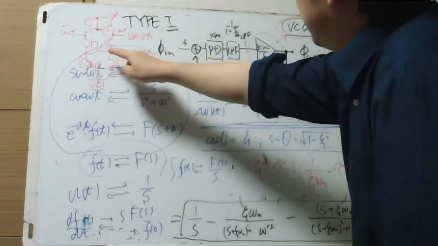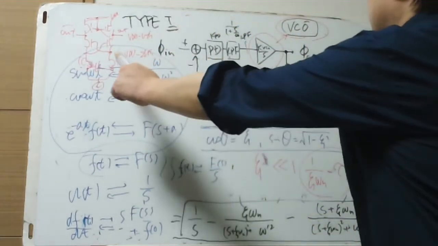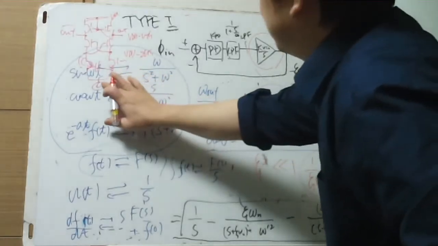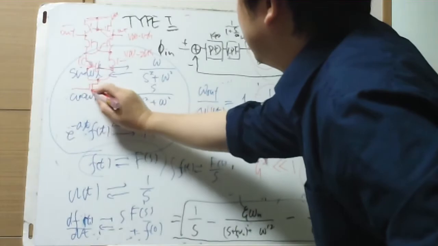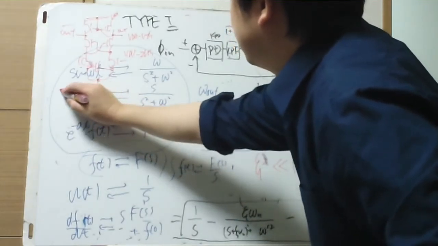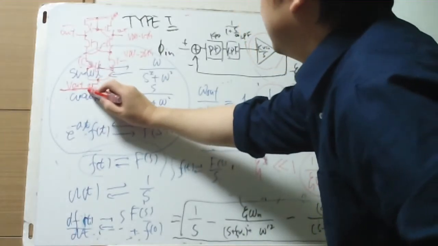Now this is just a voltage controlled oscillator, which is controlled here. This current is controlled by the V control voltage.